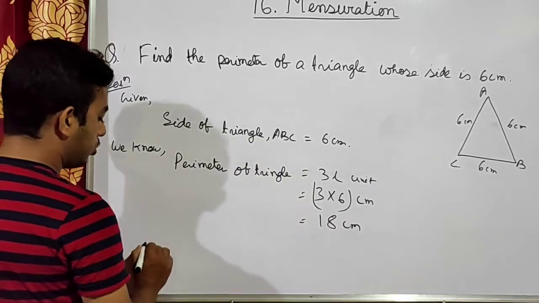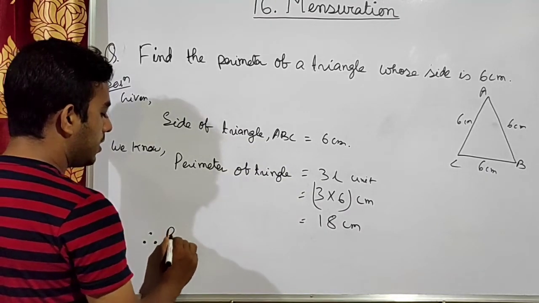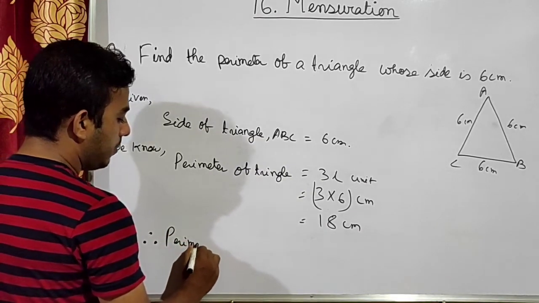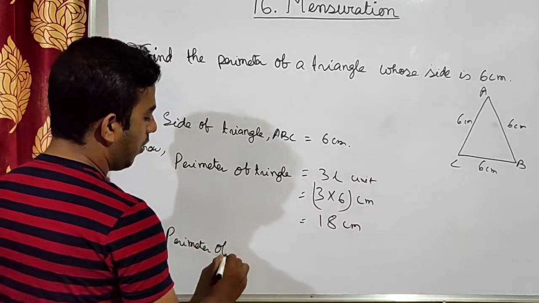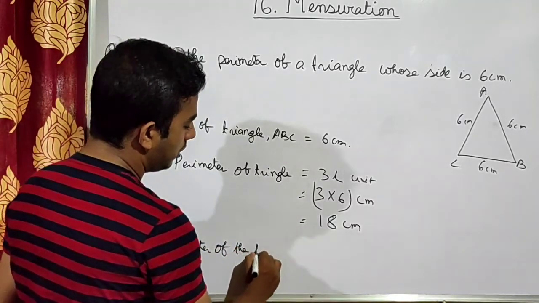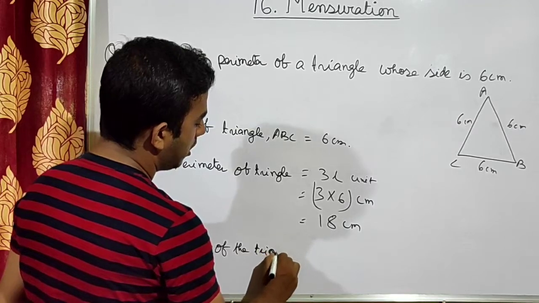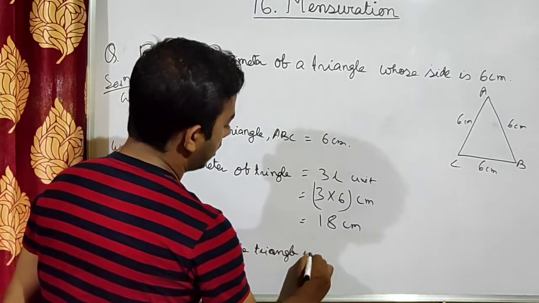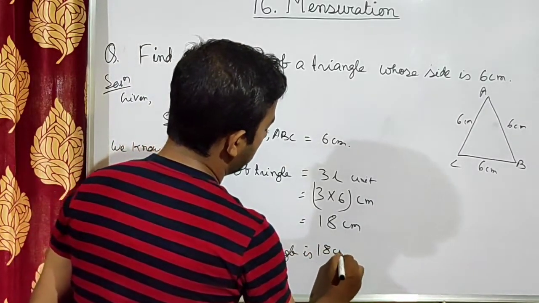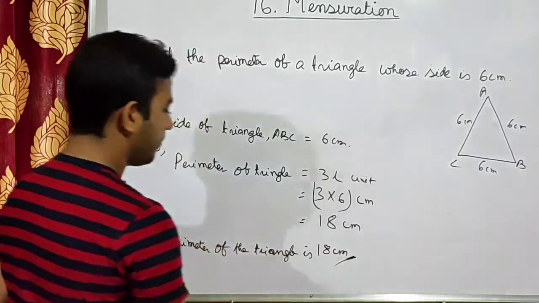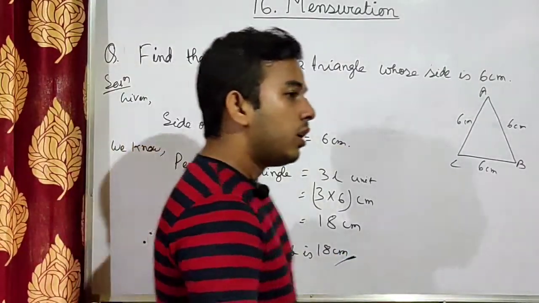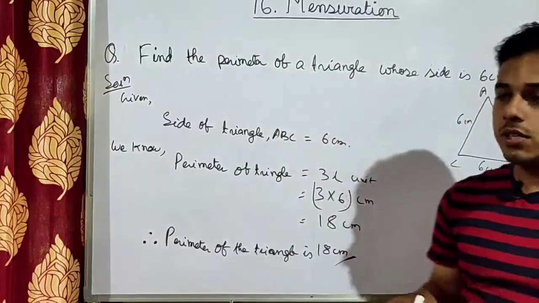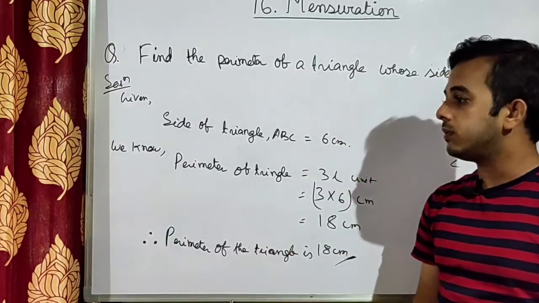So we will write the conclusion line. Therefore perimeter of the triangle is 18 centimeter. So this is how we can find the perimeter of a triangle.